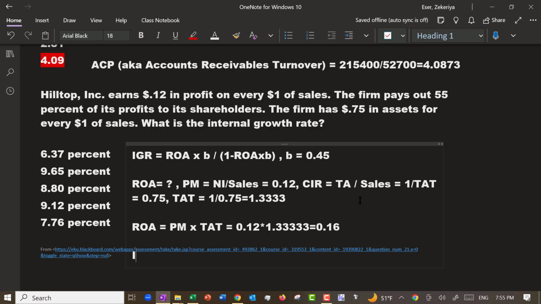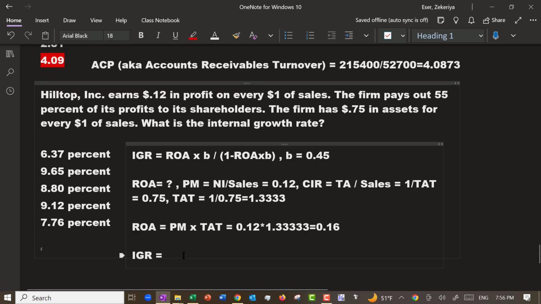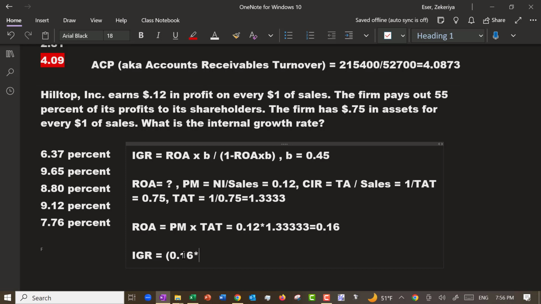Hence, IGR is simple. Let me get rid of this unnecessary stuff. 0.16 times 0.45. 7.76%.